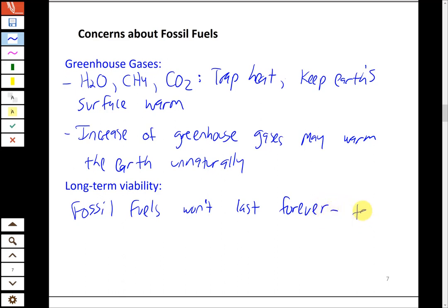Now, we keep revising the estimate for when this is going to be a problem, but they do take millions of years to replenish. So at some point, if we've exhausted our supply of fossil fuels in the Earth, they're not going to replenish fast enough for us, not even close. So we have to come up with alternatives for that. There's always new sources of fossil fuels that are discovered, new ways of getting them out of the ground.